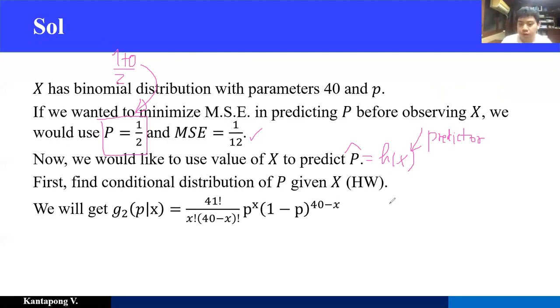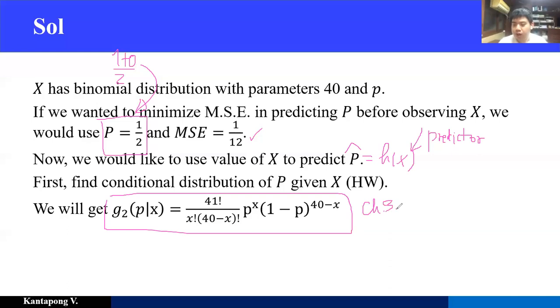So first, find the conditional distribution of P given X. I think you all can do this, because we have covered this in chapter 3. You can do this as homework, but it's not difficult at all. You can find this in chapter 3.